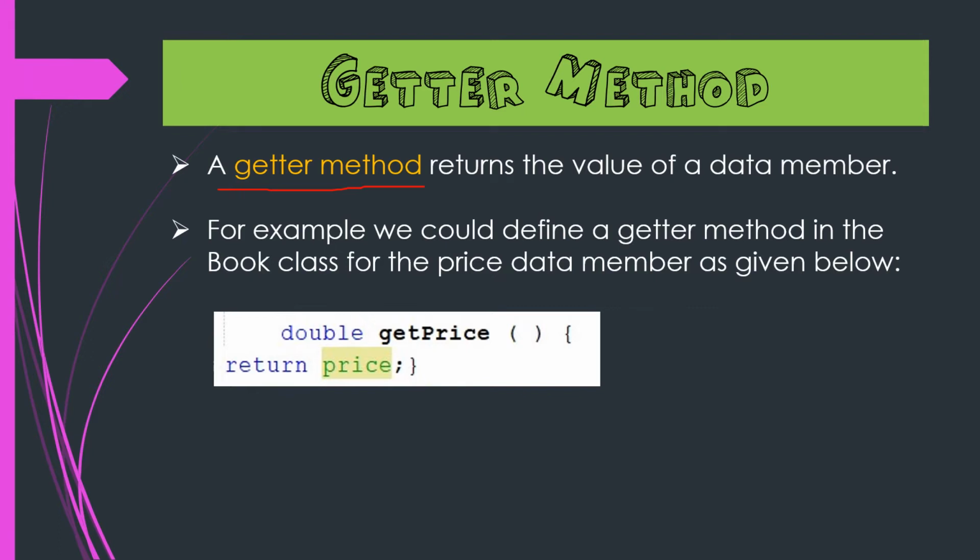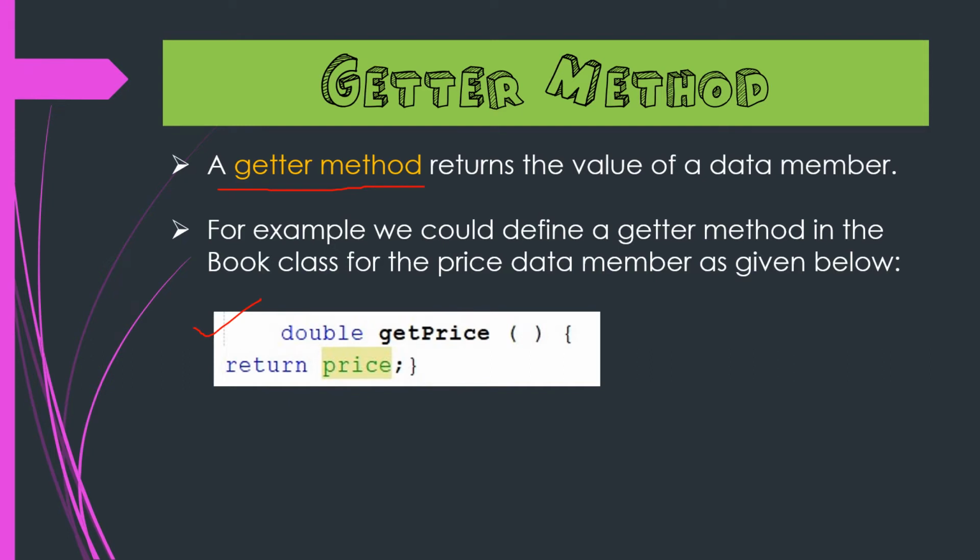For example, we could define a getter method in the book class for the price data member as given below. So here in the book class, in which we have declared the data members and added the keyword private, in the same class we have to do this coding where we are using the getter method. We want to define a getter method in the book class for the price data member.